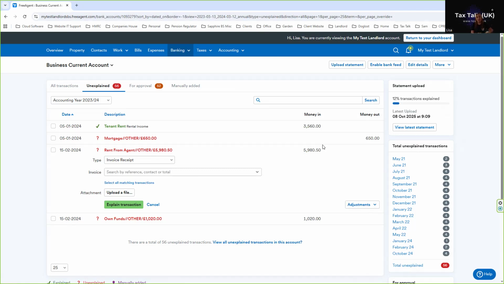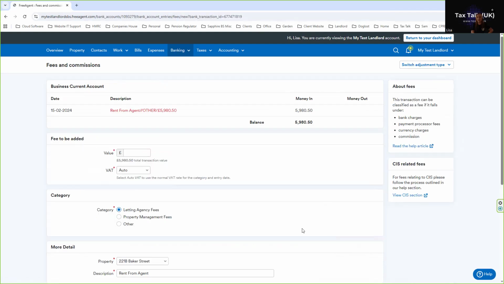And again, because this license is designed for private landlords, it makes it easy for you to do that. You'll see here the adjustment button. If you click on that, you'll see add fees or commission. Let's say, for example, that £200 had been deducted from this, and that is for letting agent fees, property management fees.